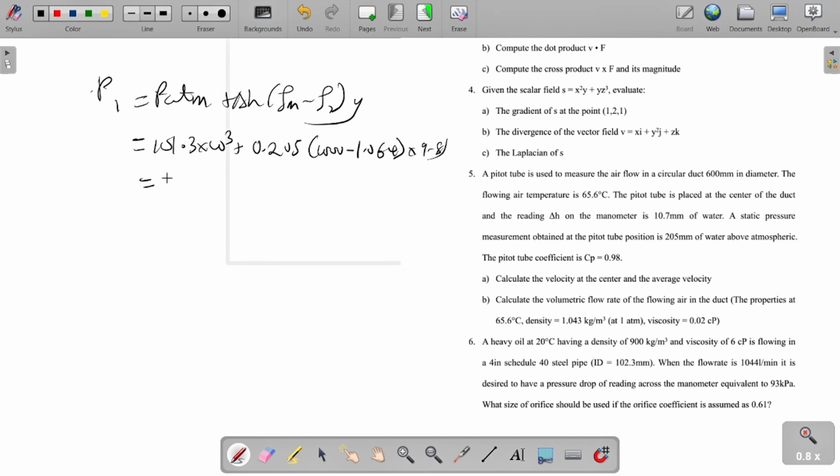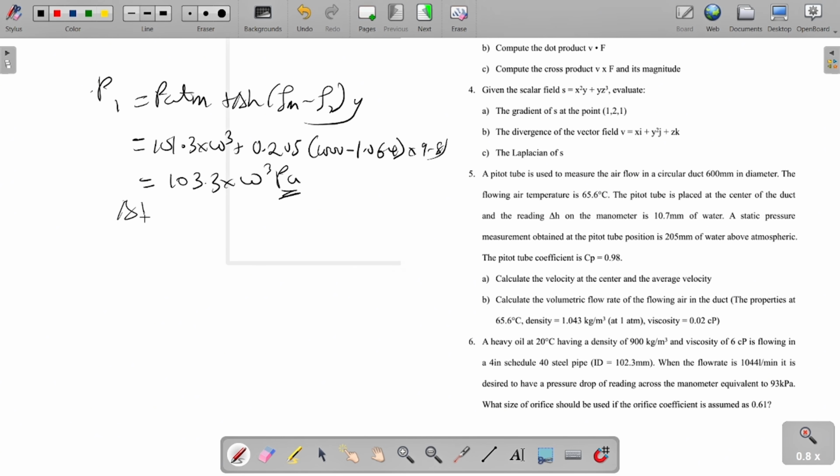So this whole thing gives me 103.3 times 10 to the power 3 Pascal. You can see that the effect is negligible, because the P1 we calculated before and the new P1 are actually the same thing. So that's the calculation for the static pressure.